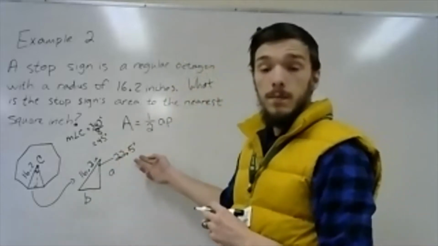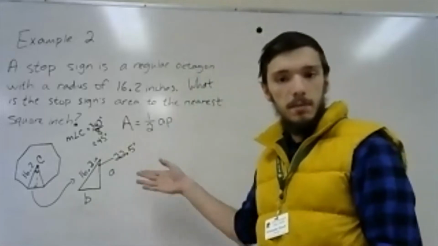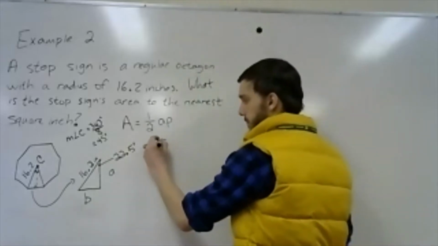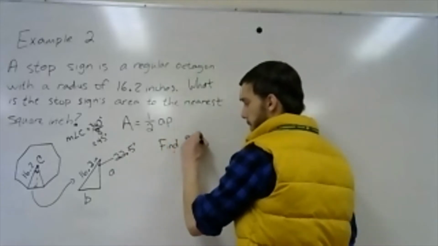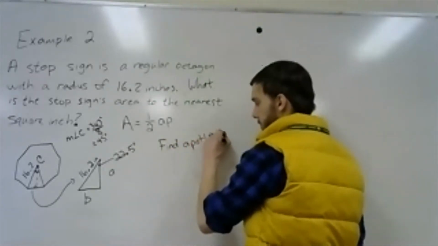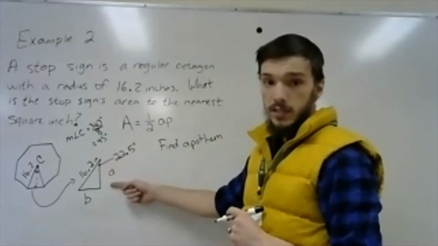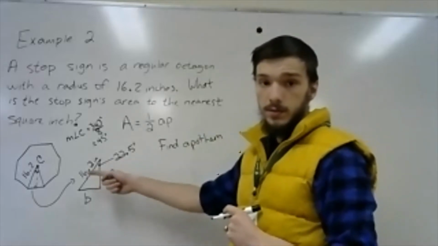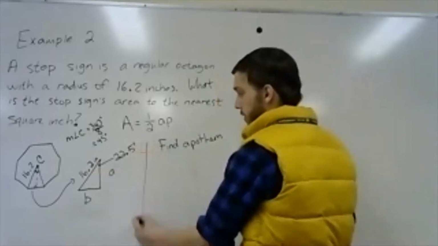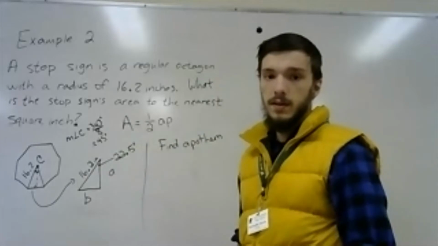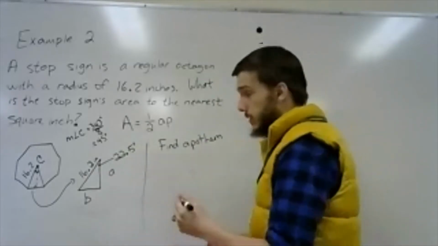Okay. Now that we have this, we can find our apothem. Since we have the adjacent side and the hypotenuse, we can use our cosine function to find the apothem of this triangle.